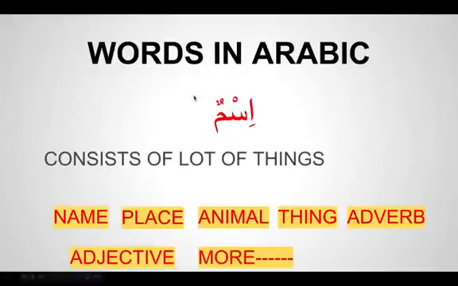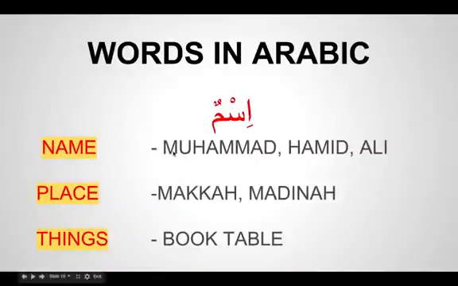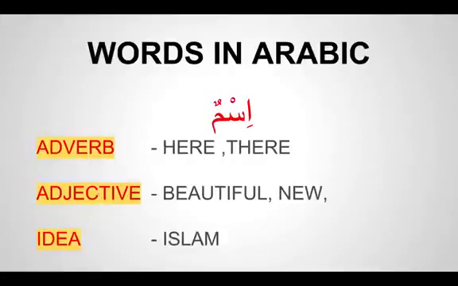Anything which describes a name, a place, an animal, a thing, or an adverb comes under the roof of ism. Just to give an example: name, like Muhammad, Hamid, Ali; place, Makkah, Madina; things, book, table; adverb, like here and there; adjective, beautiful, new; an idea, Islam. Islam is an idea, you can't see it.